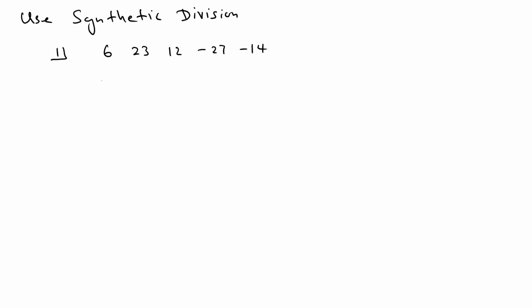As we did before, we copy 6 down here and then multiply. So it is 6, add 29, and then multiply 29, add here. So you're going to get 41, and then multiply, add here.